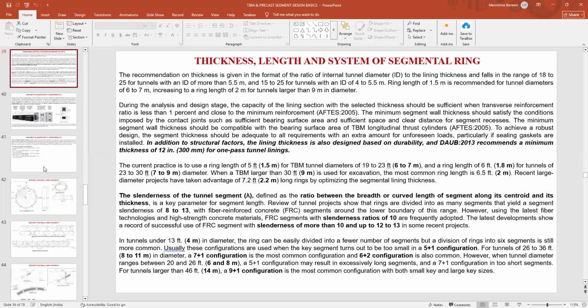Here 1 is the key and 9 are the main pieces of the segment. It can be a single key or a double key, depending on the diameter of the tunnel. Generally in all the metro projects we are currently working on, it is a 5 plus 1 configuration, so it is a total of 6 pieces. That means 5 are the main pieces and 1 is the key piece.